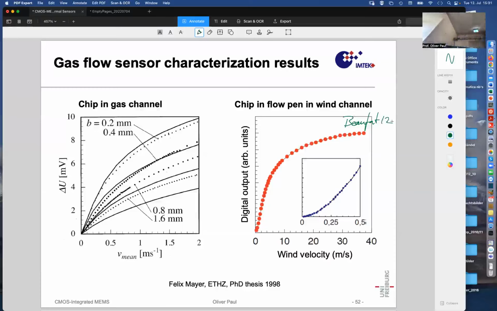It's quite strong. And you see that the sensor was able to cover the whole range of velocities. In this area here, we also measured sensitivity for very small velocities. So it was really able to measure very small velocities, with non-linear characteristics, I have to admit that. But anyway, these sensors are essentially what is implemented in the products of Sensirion.